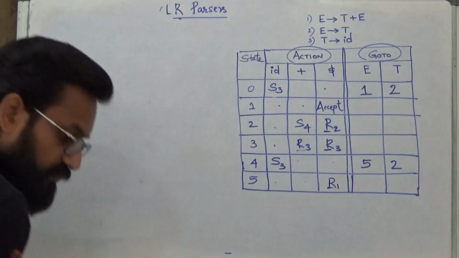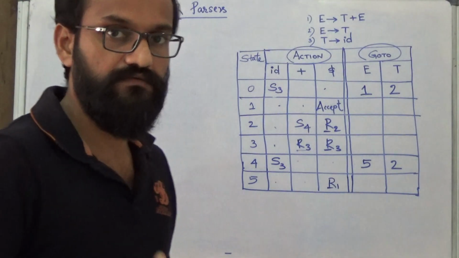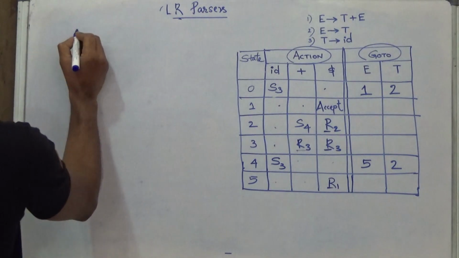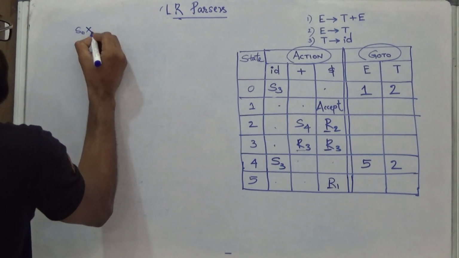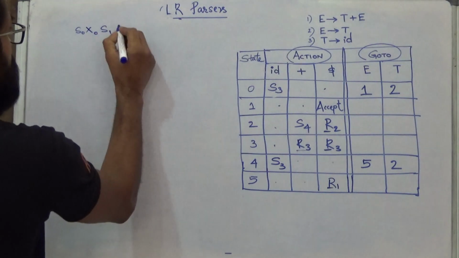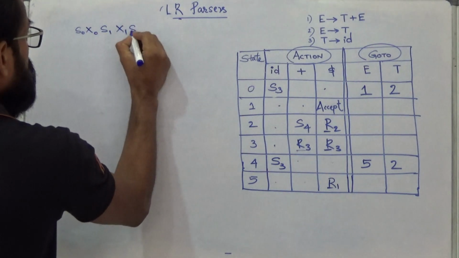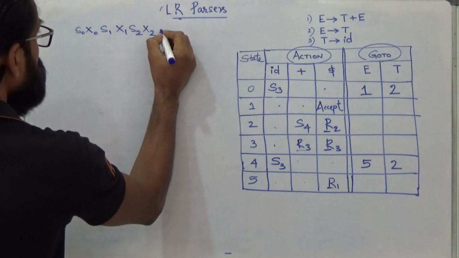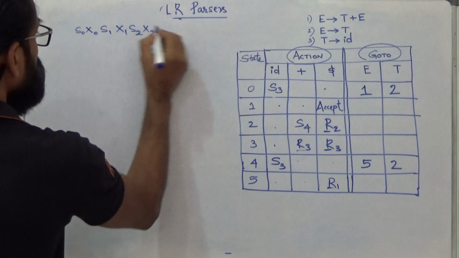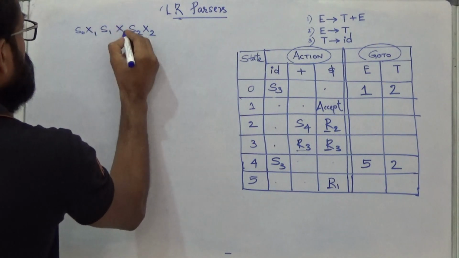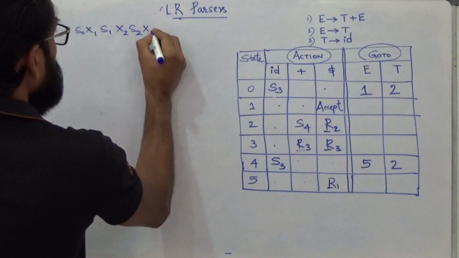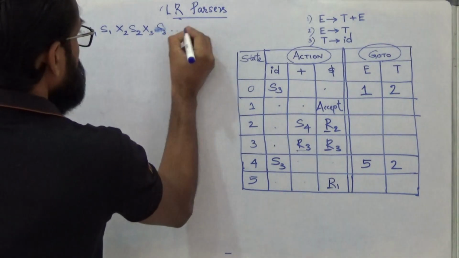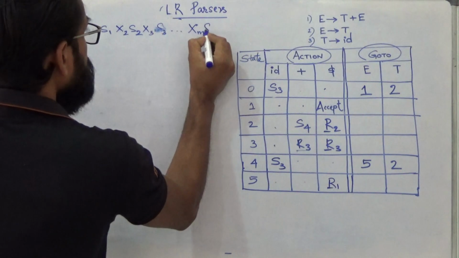This parser uses a stack to proceed with the parsing operation. If we consider the stack content at a time, it will be of the form S0, X0, S1, X1, S2, X2, S3, X3, and so on up to Xm, Sm.